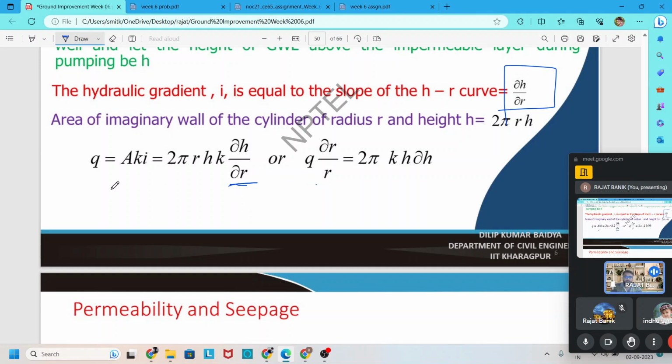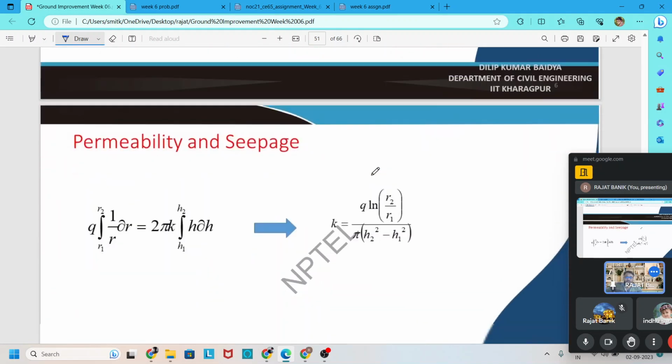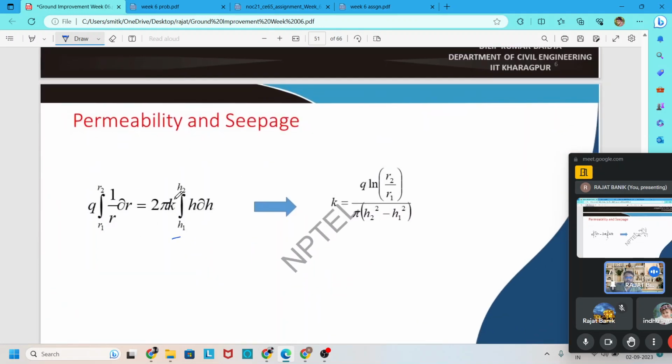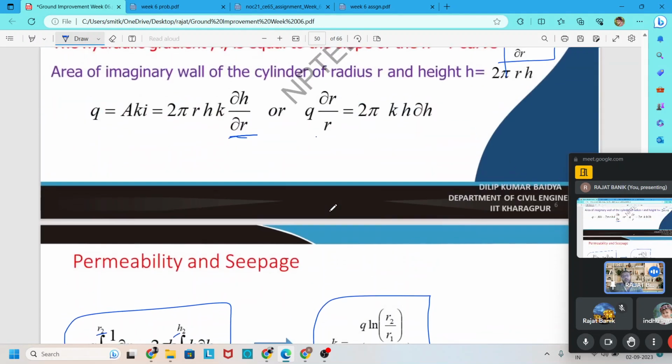If we apply Darcy's law, q is equal to AKI, and put in all the values and apply for some range, H1 to H2 for a distance R1 to R2, and integrate it, we finally arrive at a formula to find out the permeability for unconfined aquifer.